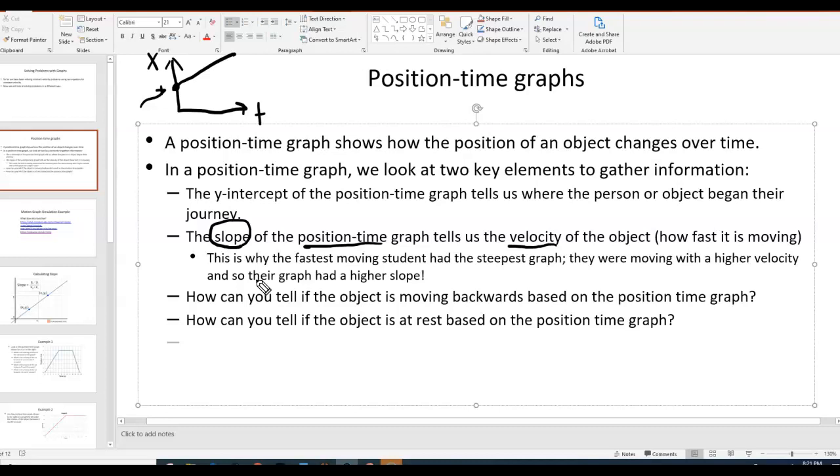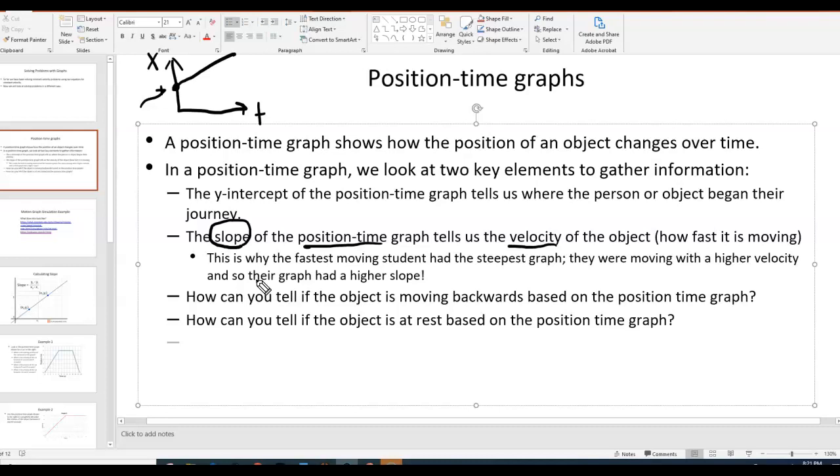That tells you how fast the object is moving and in what direction. So when I give you a position time graph and ask you to calculate the velocity, you're looking at the slope. Remember, slope is rise over run. We're going to use the regular slope equation to calculate slope in a minute.